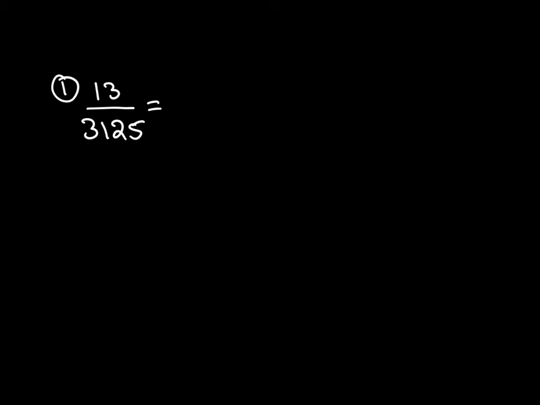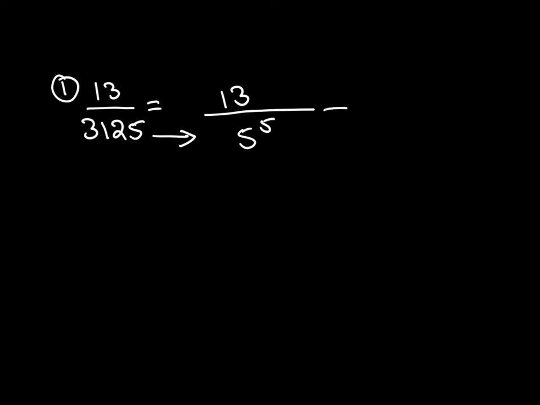What is the prime factorization of 3125? It is 5 to the power 5, and 13 is a prime number in itself. So is the denominator the prime factor of the power of 5 only? Yes.